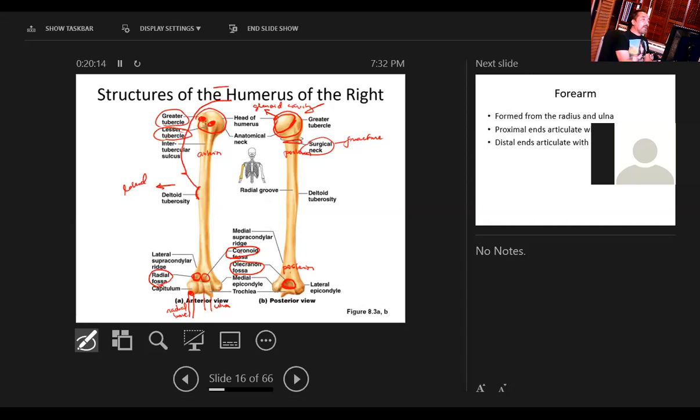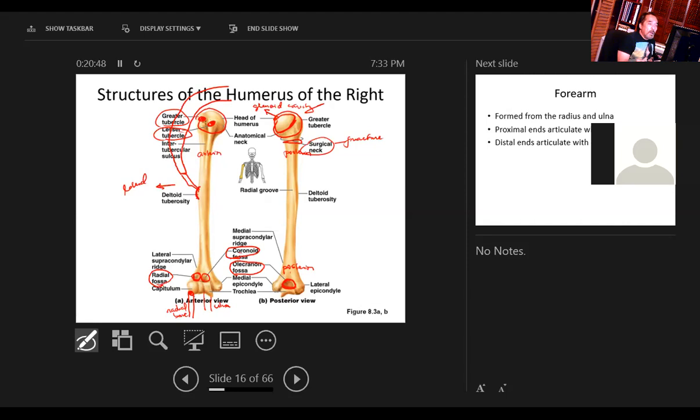So when the deltoid muscle contracts, it will bring up the humerus, in what we call abduction. Remember we talked about joints and we have abduction. This is what abduction is of the shoulder, or what we call the glenohumeral joint. So the deltoid tuberosity is on the lateral side of the bone.